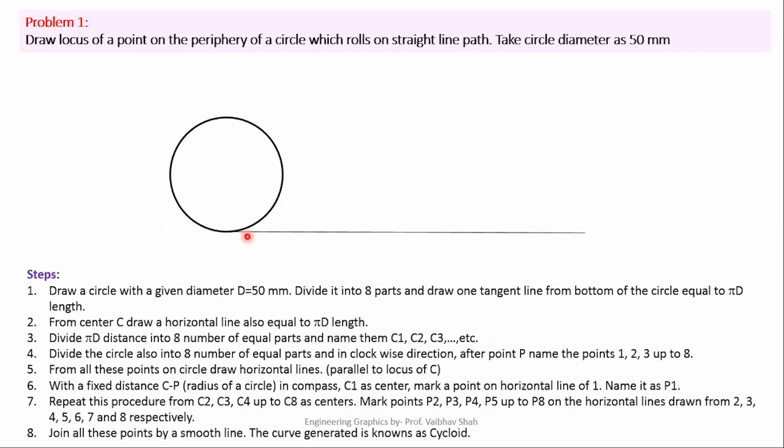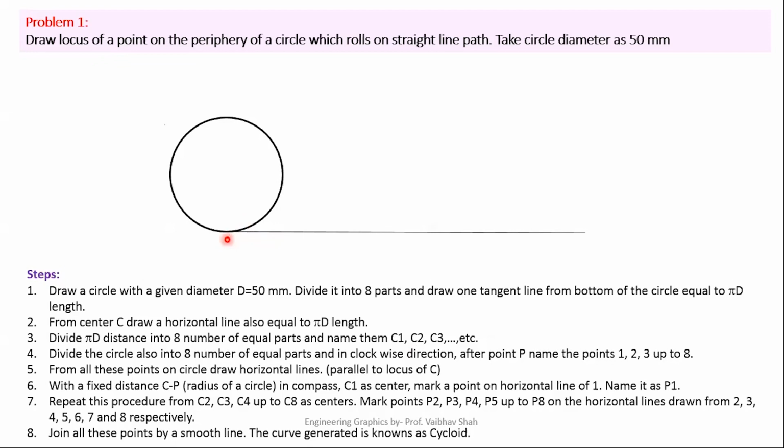Once again, the tangent line would be exactly equal to the circumferential length of the circle. In our case, if the diameter is 50, then this tangent line would be of distance pi d, pi into 50, and whichever is the answer, you have to draw a straight line of that distance.